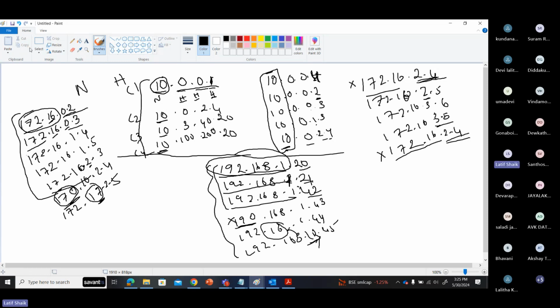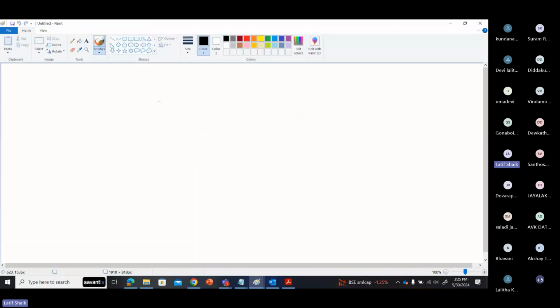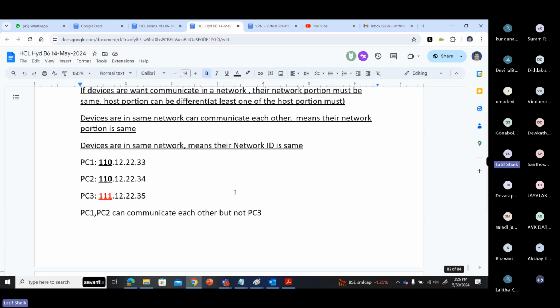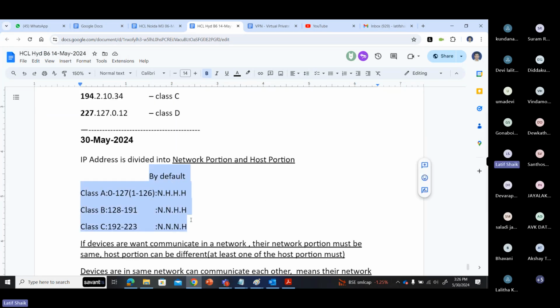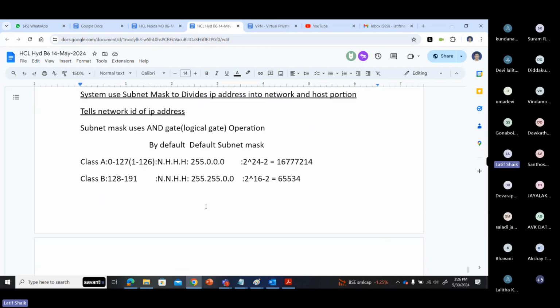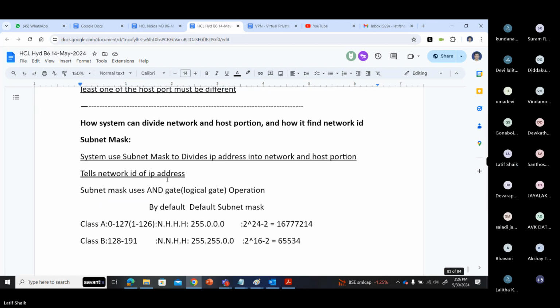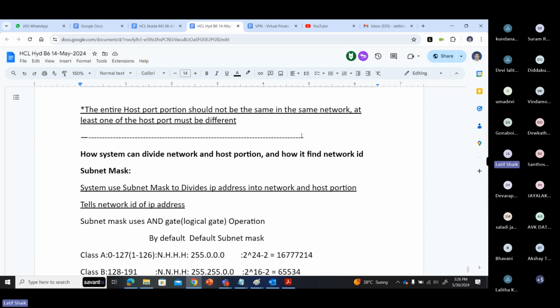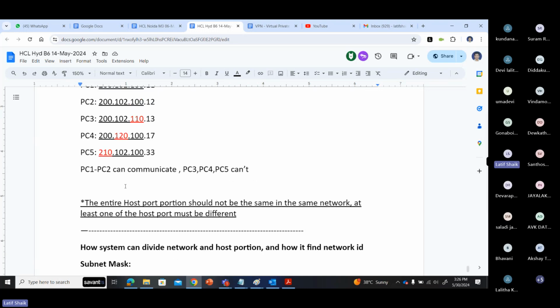We can understand, but how can the system understand? How can your system understand what the network portion and host portion are? And as I said, it is default; if there are any changes, like you want to define your network in different ways, then there is a difference too. How does your system understand what is the network portion and what is the host portion?